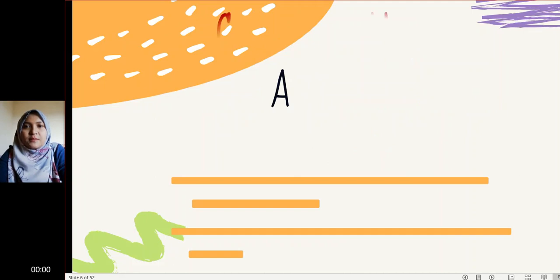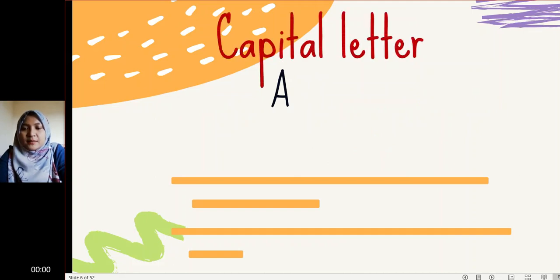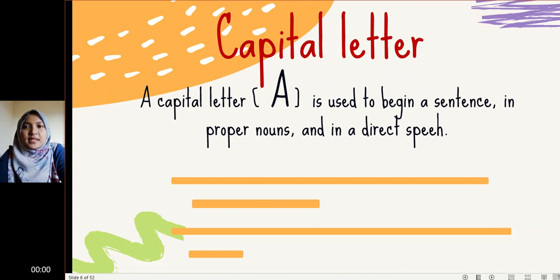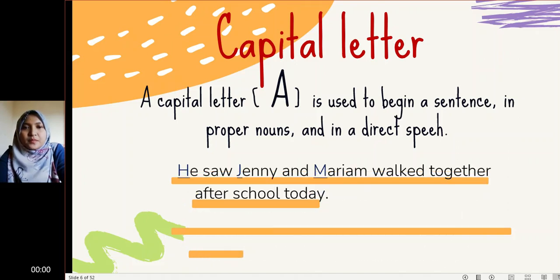Alright, the next punctuation mark is the capital letter, or we call it a big letter. A capital letter is used to begin a sentence, in proper nouns, and in direct speech. When you want to begin a sentence, you must begin with a capital letter. For example: He saw Jenny and Mariam walk together after school today.